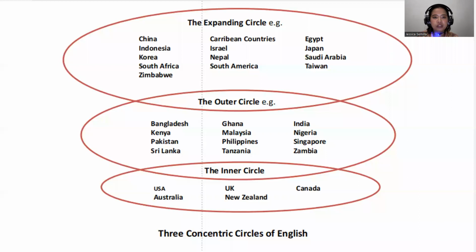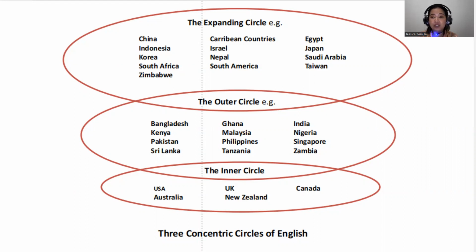So as you see here on screen, we have the three circles of English language. Way back in your History of English Language class, we already dealt with this, which is about the expanding, the outer, and the inner. When we talk about the inner circle, I know you're very familiar with this one.